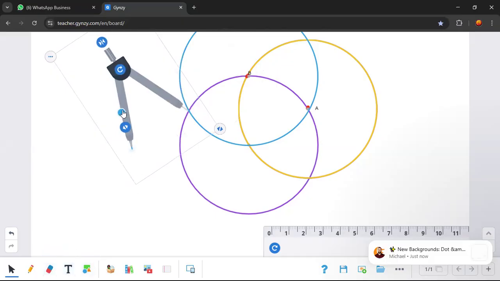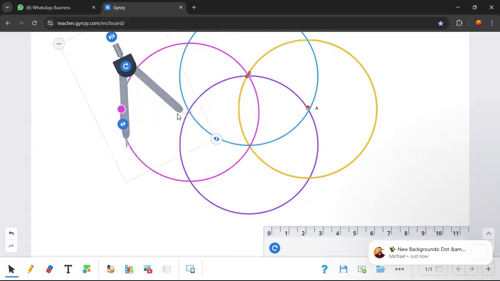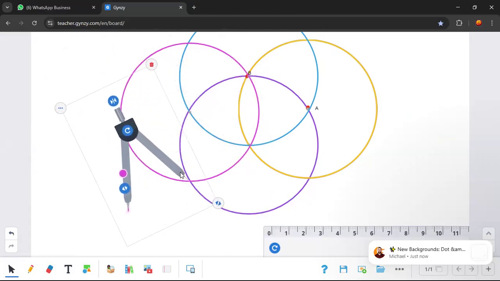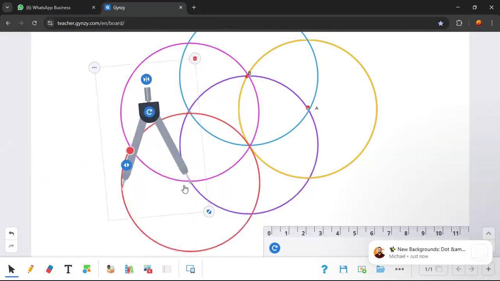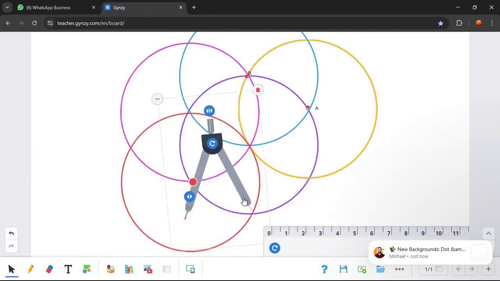I will use this color, and red, and again two circles with this color.